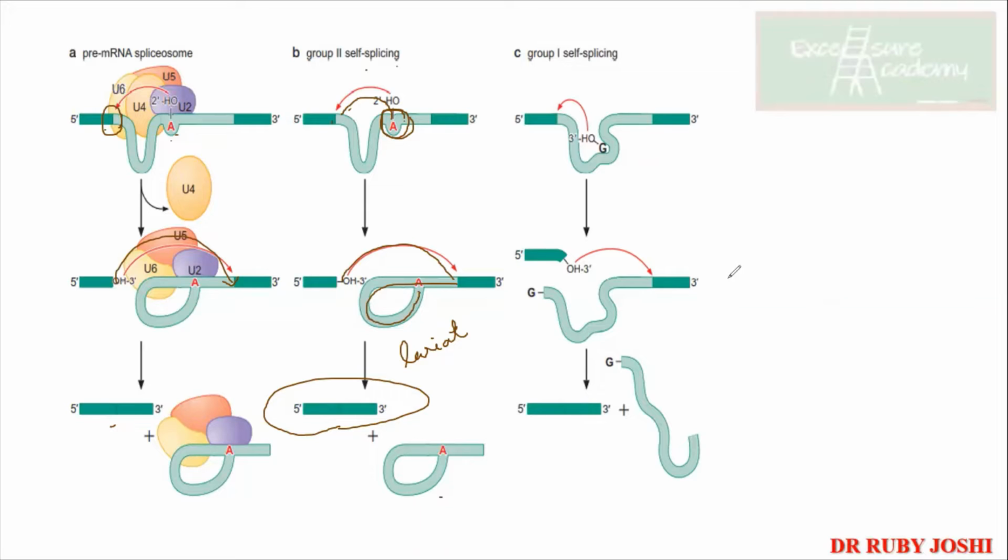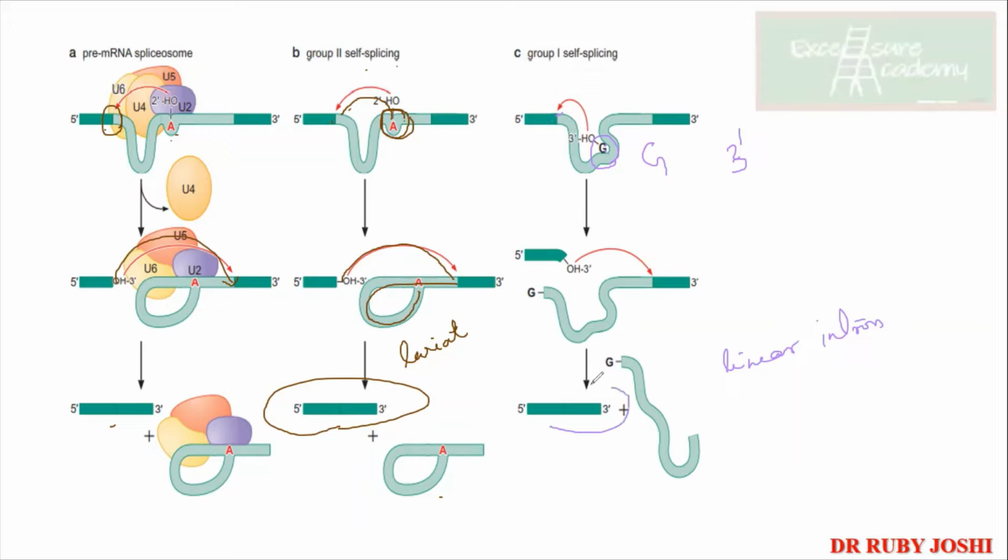Whereas in group 1, instead of A you have G, and instead of 2'-OH you have 3'-OH. Can you see the difference? This G will get inserted over here, moving from there to here, and the intron is removed as a linear intron. It is not forming a lariat.